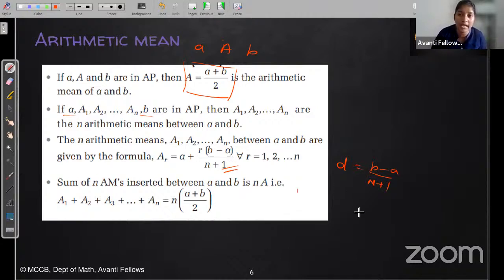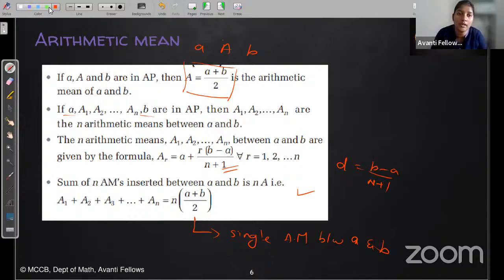And there's one more result: the sum of these n arithmetic means is given by n(A + B)/2. So what is this (A + B)/2? It's a single arithmetic mean between A and B. So the sum of the n arithmetic means is given by n times a single arithmetic mean between A and B.